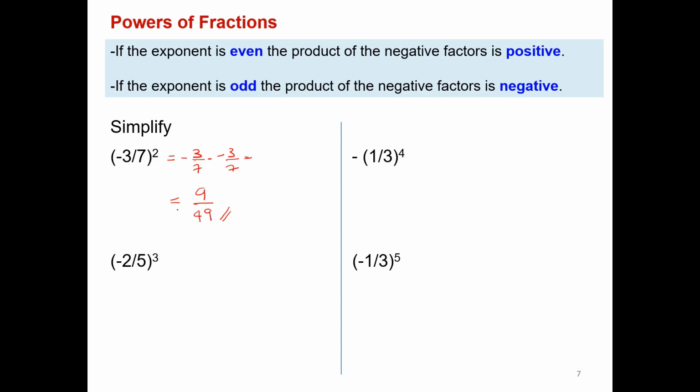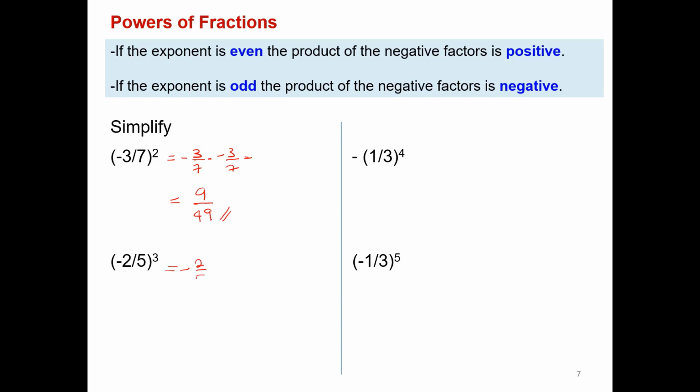And it's positive as we expected because we had an even exponent. And in this case, we expected a negative product, a negative answer, because we had a negative base and an odd exponent.